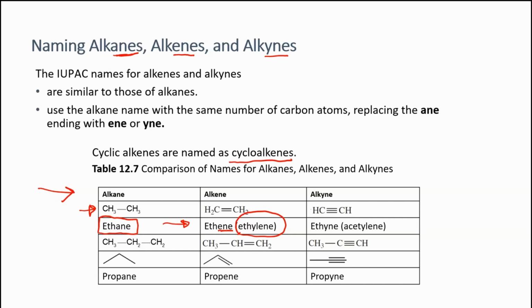It is not an IUPAC naming, but the IUPAC name is ethene. The respective alkyne with 2 carbon atoms is ethyne, and the common name is acetylene. Just like that, the naming becomes different as it becomes an alkene or alkyne. And the example for 3 carbon atoms containing hydrocarbons: propane, propene, and propyne.